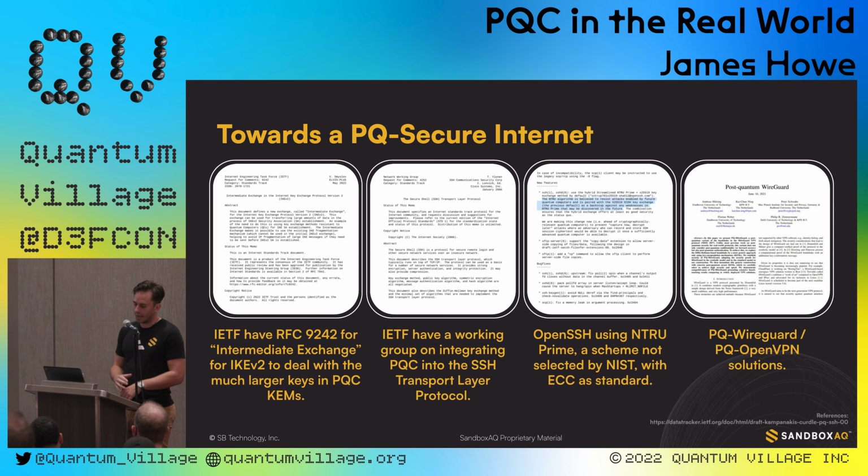Yeah, and more secure internet. So we have more and more projects that the IETF are doing. So they're doing some really cool work. So one thing that we will have to deal with when we use post-quantum is more fragments in TLS or in IKE. So there's one core project that's looking to have like an intermediate exchange.